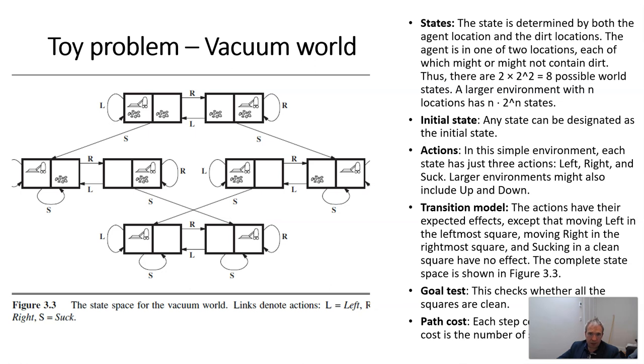The state is determined by both the agent location and the dirt location. The agent location is one of two locations, each of which might or might not contain dirt. So thus there are 2 times 2 to the 2, which equals 8 possible world states. A larger environment with n locations has n times 2 to the n states.